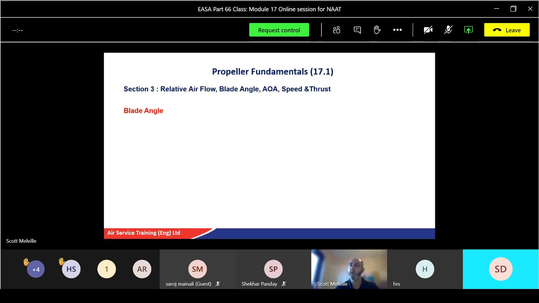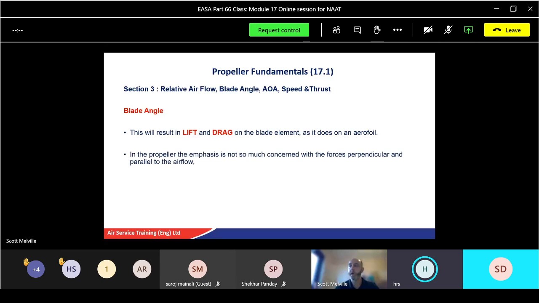Blade angle will result in lift and also drag. We don't get nothing for nothing, unfortunately. On the blade element, as with a standard airfoil like we saw in Module 8, in the propeller the emphasis is not as much concerned with the forces perpendicular or parallel with airflow, in other words lift and drag, but centers on the force acting along the axis of the actual aircraft.